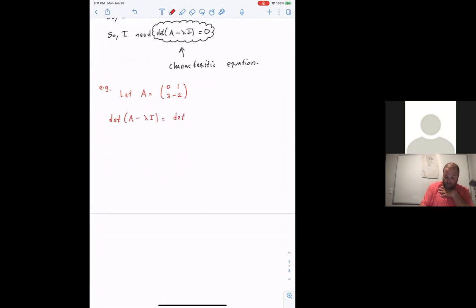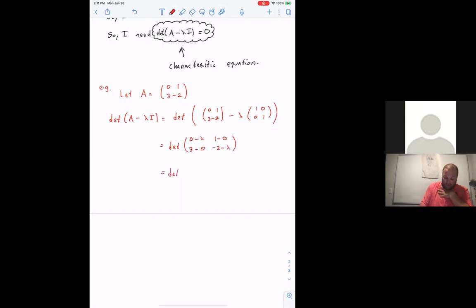This is the determinant of A, which is 0, 1, 3, negative 2, minus lambda times the appropriately sized identity matrix. So this becomes the determinant of 0 minus lambda, 1 minus 0, 3 minus 0, negative 2 minus lambda.